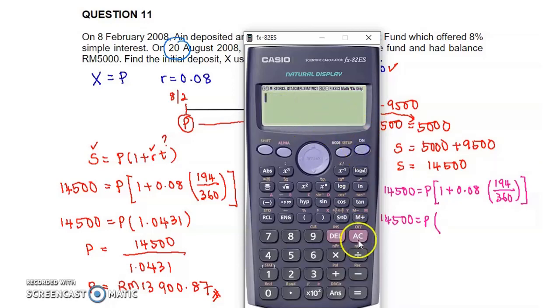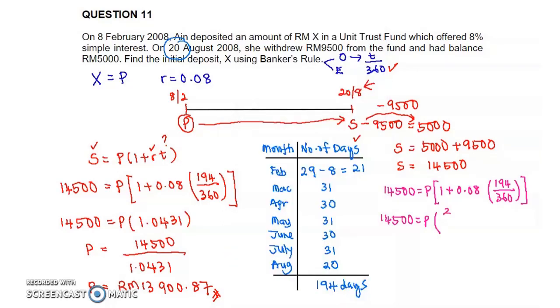So let's say if you do like this, 194 divided by 360 multiply 8% plus 1. Okay, if you write in fraction, 2347 over 2250.